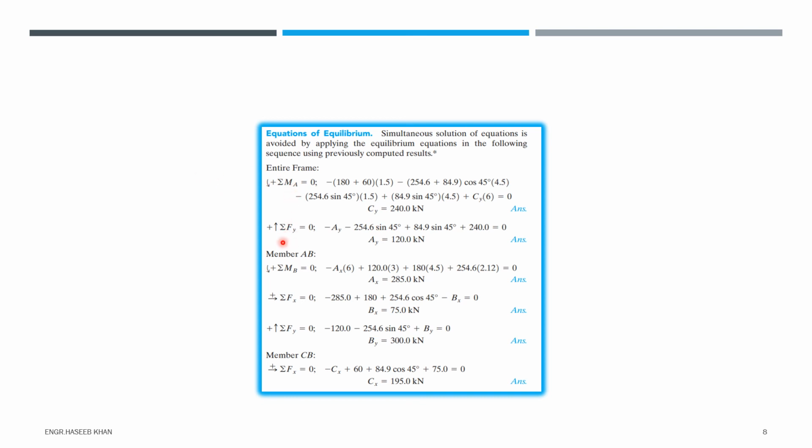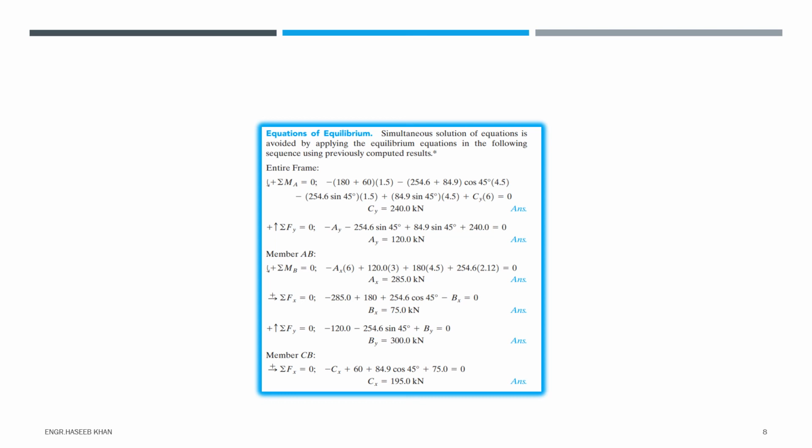Now we will apply the summation of vertical forces on the entire structure, so we will find Ay. Now let's apply the member equilibrium equations on member AB. So we have the summation of moment at point B, so we can find forces Ax, Bx, By and Cx in the same manner by applying the equilibrium equations to the structure.